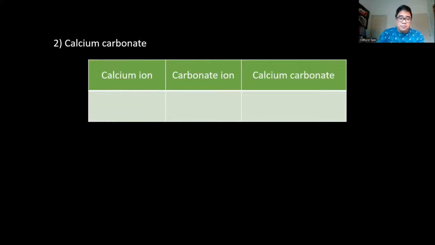Let's do another one together, okay? Calcium carbonate, for example. Calcium, as you guys already know, is an alkaline earth metal, which means that it's in the second column, Ca2+. It wants to lose 2. And carbonate is CO3 with a -2 charge.